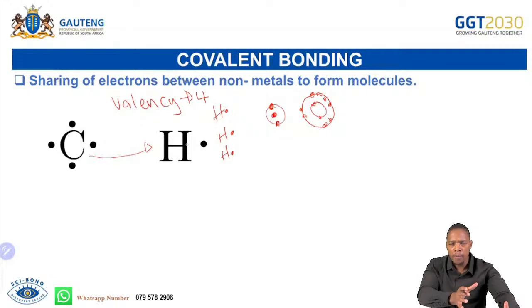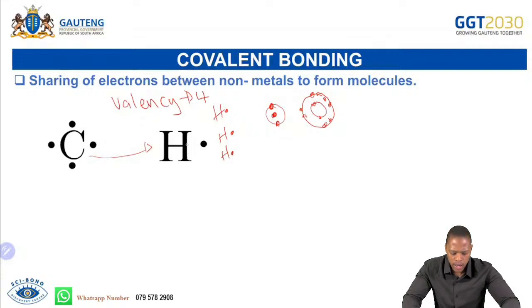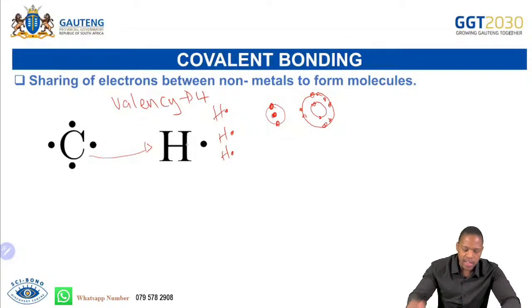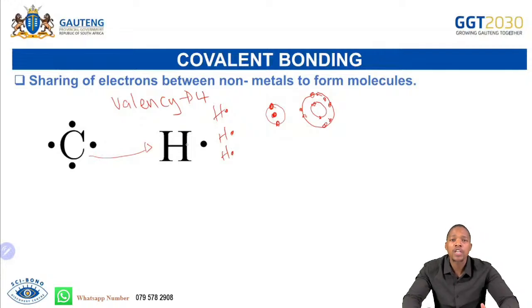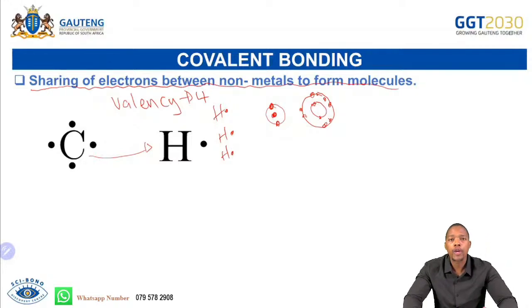When you need them, you will use them. When I need them, I will also use them. And in the moment they start sharing, now they are doing what is called covalent bonding. Covalent bonding is the sharing of electrons between non-metals to form molecules. So they are going to share these electrons between them as they are non-metals.